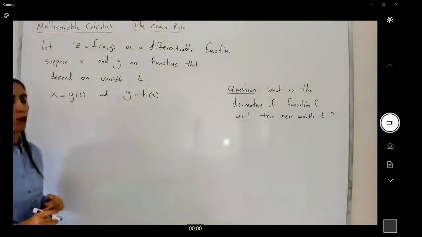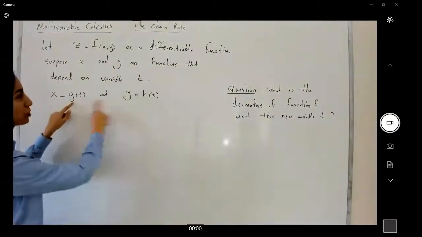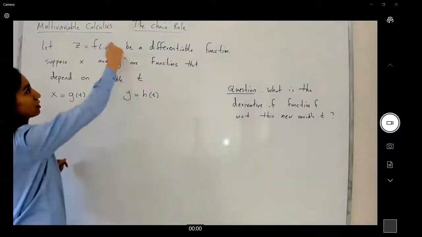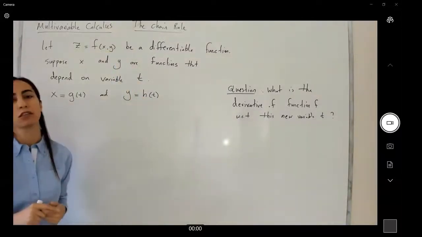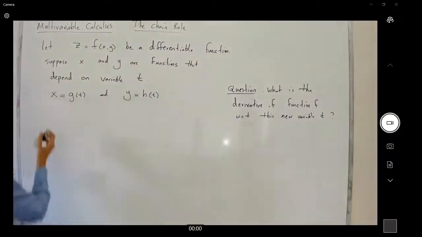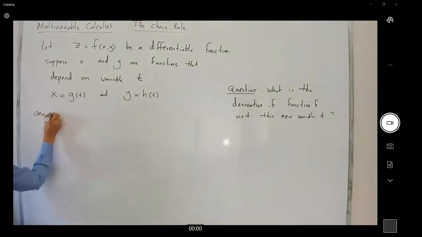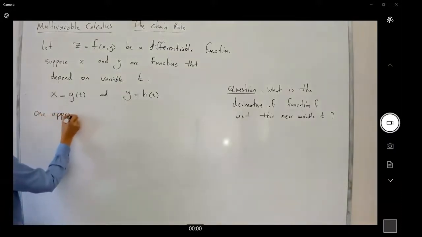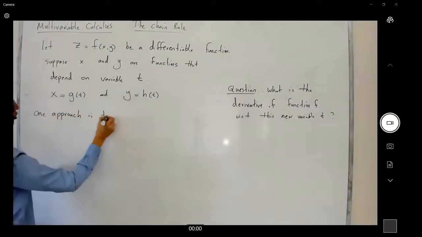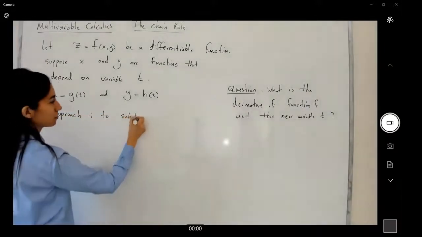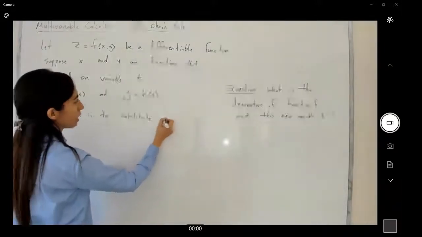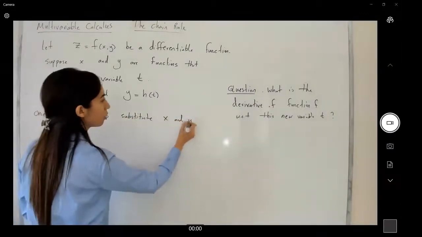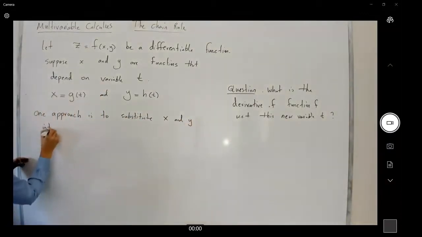You can say, well, I want to substitute these two functions into f, then start taking the derivative. Of course, why not? One approach is to substitute x and y into f, and you get a function like this.